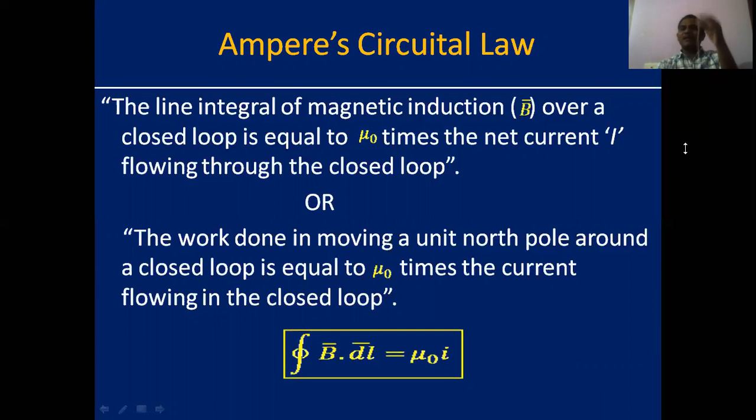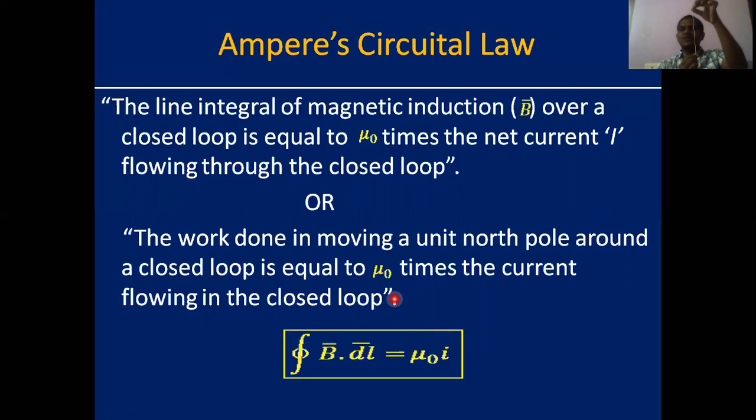So mathematically we express it as closed integral B bar dot dl bar equals mu naught into I, where I is the current enclosed by whatever closed path we consider. So in other words, you can say that the work done in moving a unit north pole around the closed path is equal to mu naught times the current flowing in the closed loop.